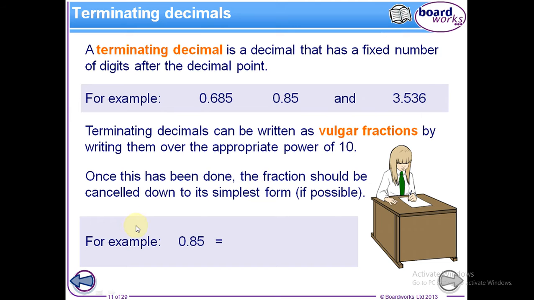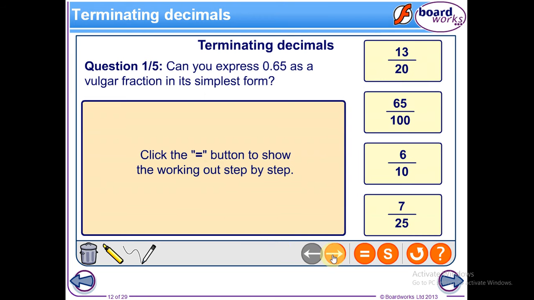So for example, you have 0.85 now, so the place value of the last digit here is 100, so automatically you should have 85 over 100. You now reduce this to lowest terms by dividing by 5, so 17 over 20, and that's that. Let me just quickly go ahead. Now this question says, can you express 0.65 as a vulgar fraction?